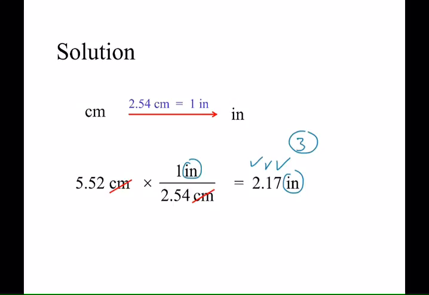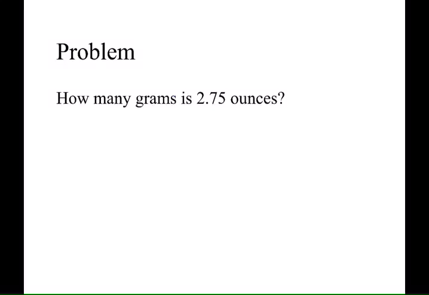Okay, let's do another one in this part, shall we? This one's going to have an added little step. In this case, we are trying to go from ounces to grams. If you look back a few slides ago, we know that we have pounds to grams.